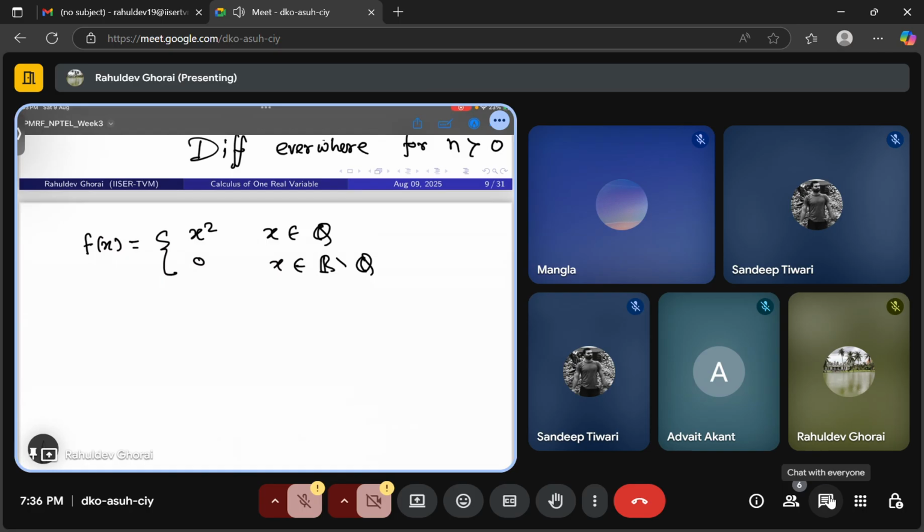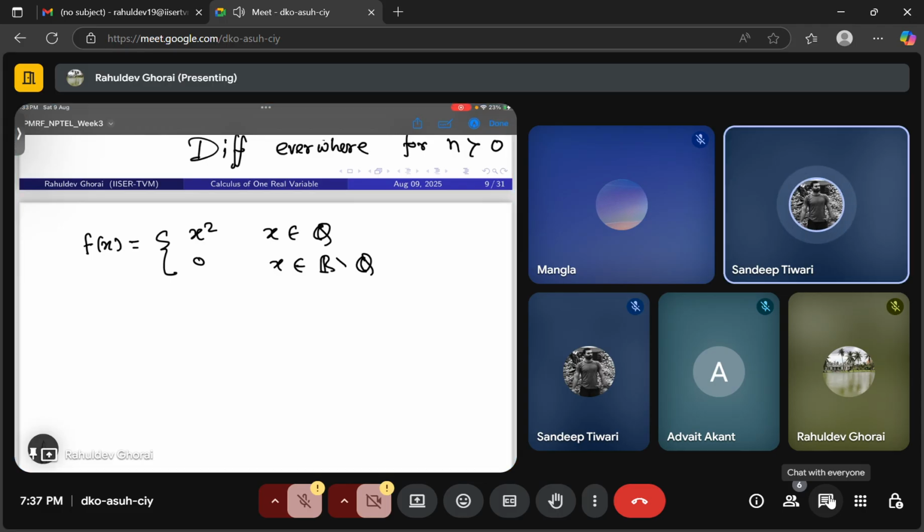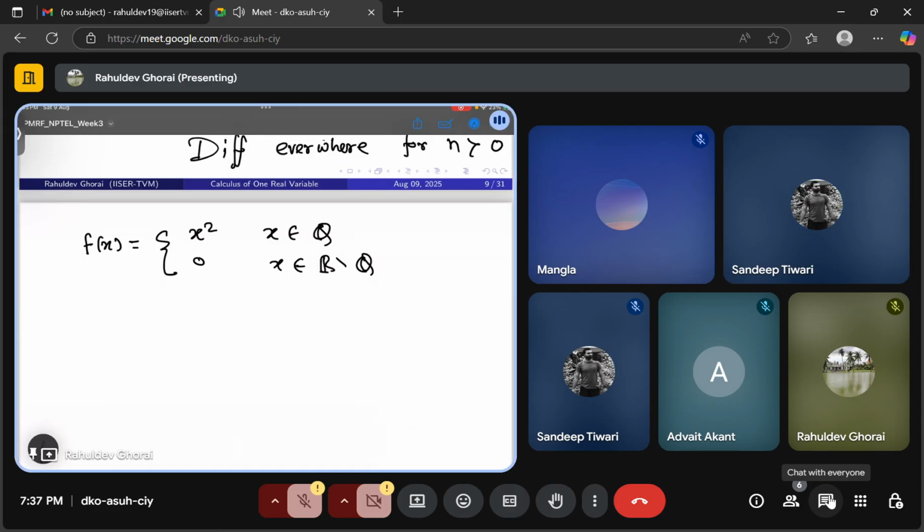If the point is non-zero and rational, then it is not continuous even. So he is right that at zero it is differentiable. No, no, no, other people tell. I will discuss. Okay.